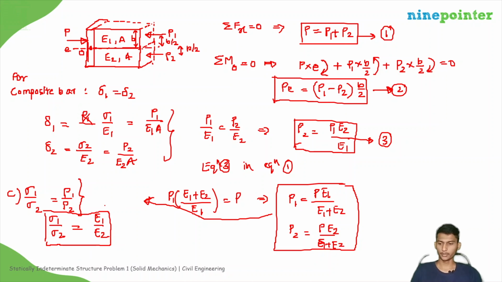So we got P1 and P2. Then let us put these, suppose this is 1, this is 2, in equation 2. That is P into E is equal to P1 minus P2 into B by 2. What is P1? P1 is P E1 divided by E1 plus E2. What is P2?